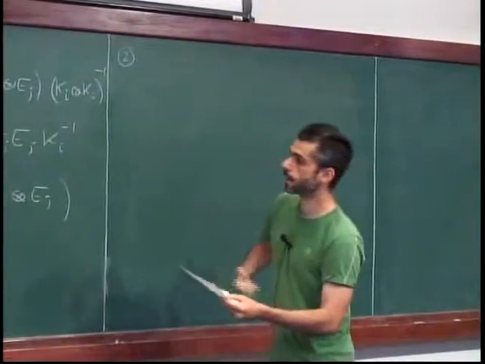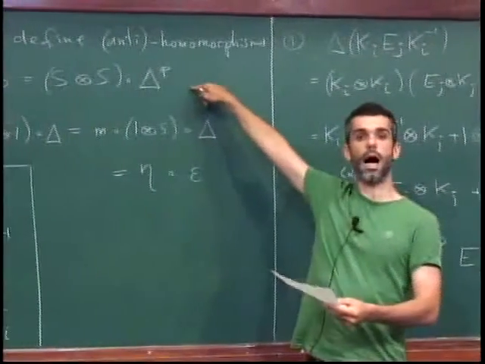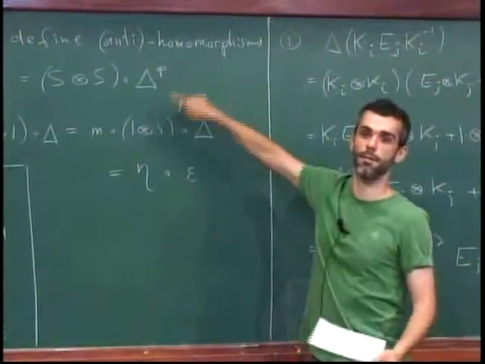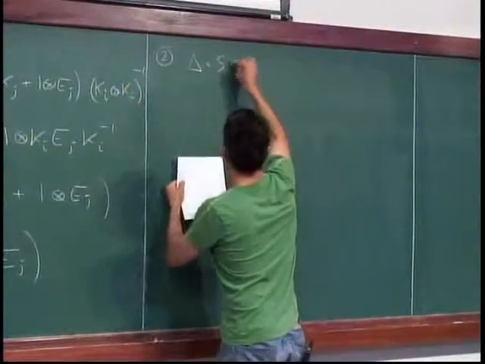So I will check this relation on the element ei. I also have to check it on ki. On ki, it's very simple. On ei, it becomes as follows.